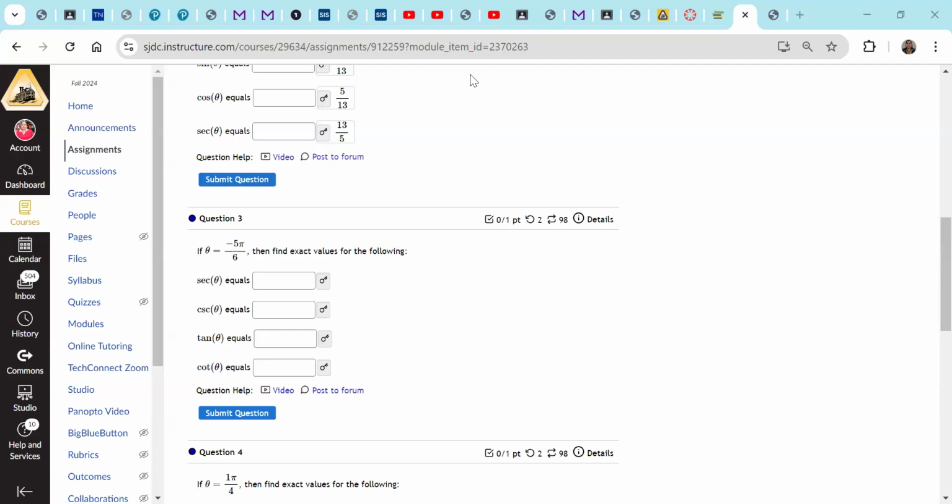If you remember, we have done the conversions between radians and degrees also. This is given in the radians. 5 pi over 6.